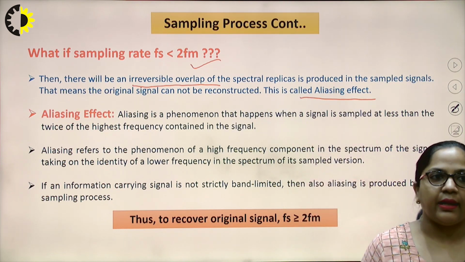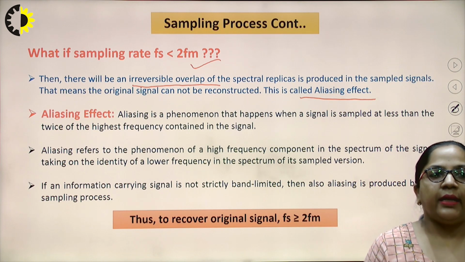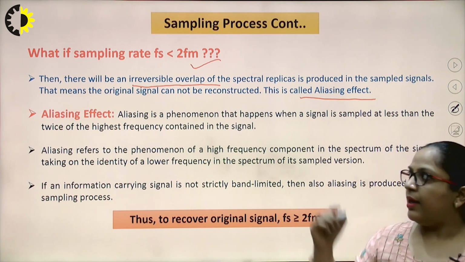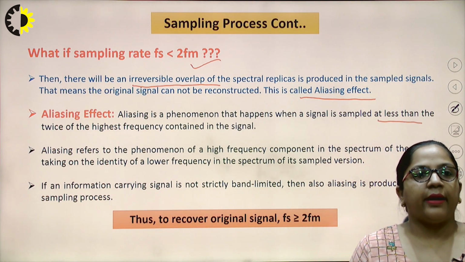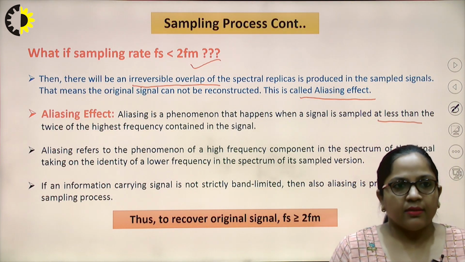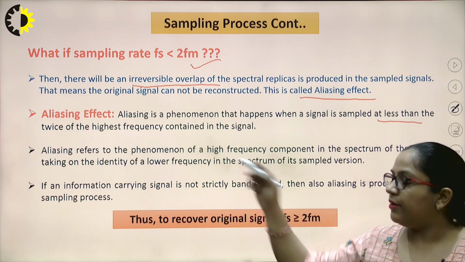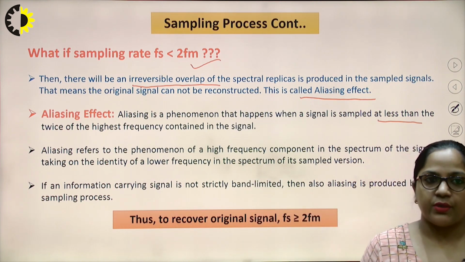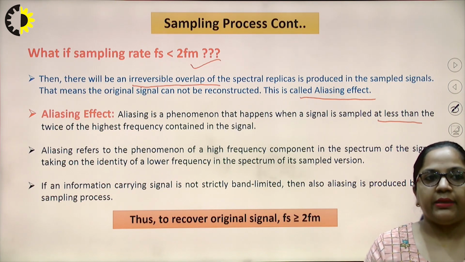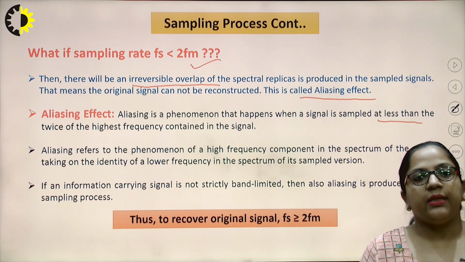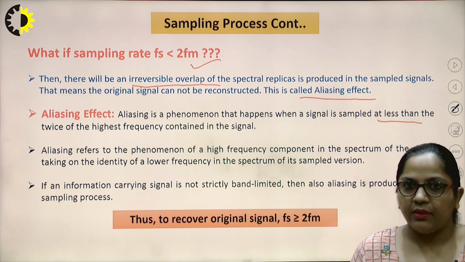We can understand aliasing as a phenomenon that happens when a signal is sampled at less than twice the highest frequency contained in the signal. So aliasing refers to the phenomenon of a high frequency component in the spectrum of the signal taking on the identity of a lower frequency in the spectrum of its sampled version.